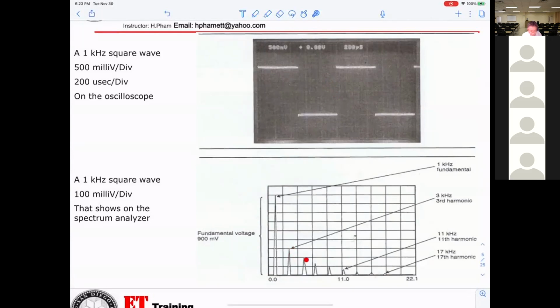Next one, 5 kilohertz. Next one, 7 kilohertz. That will be 3, 5, 7, 9, 11. So 11 harmonics. You can see on a spectrum analyzer, they just tell you at a certain frequency what amplitude they get.